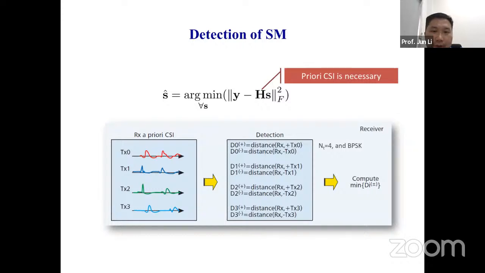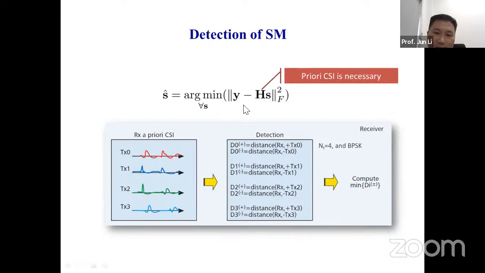This is the ML detection for spatial modulation. Y is the received signal, and H is the channel matrix. S represents all possible candidates for the transmitted vector. So we change S from the first to the last of all transmitted candidates, then we will find the selected transmitted vector with the minimum Euclidean distance.